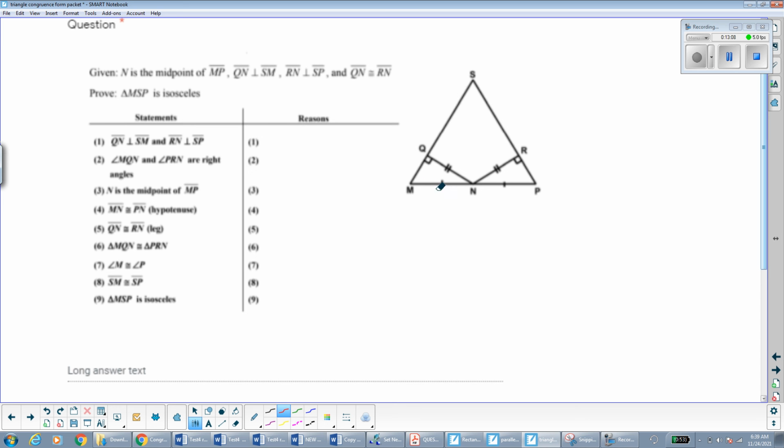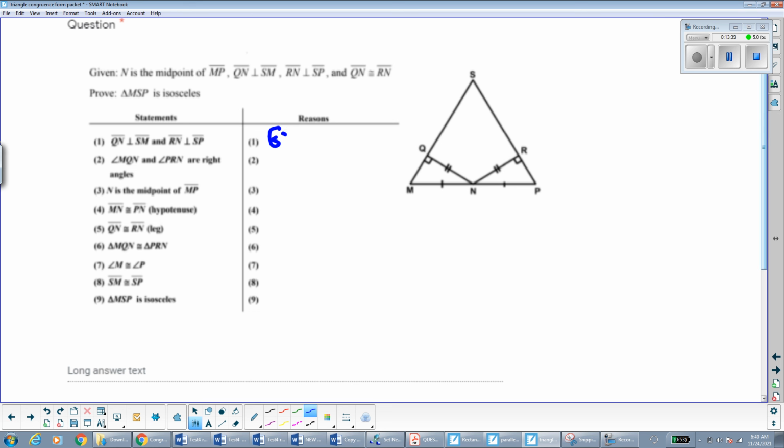If we know the triangles are congruent by HL, we can make the statement that the corresponding angles are also congruent by CPCTC. And by the converse of the base angle theorem, if a triangle has two congruent angles, the sides opposite are also congruent, making the triangle isosceles. So that's the plan. Let's write it up. Let me undo this so I don't confuse anybody, but that's the plan here.